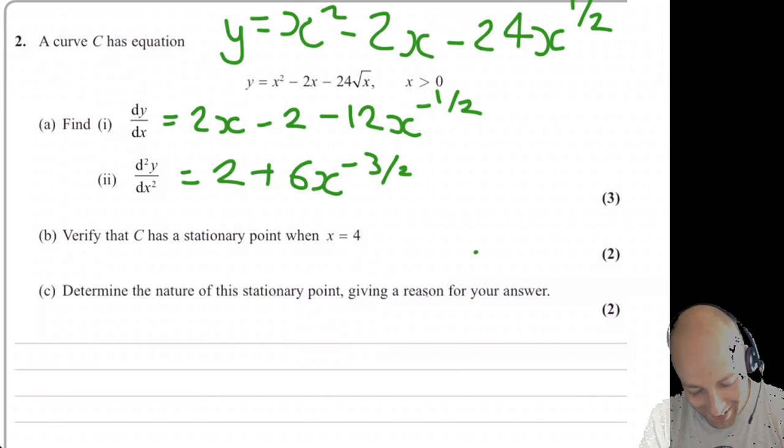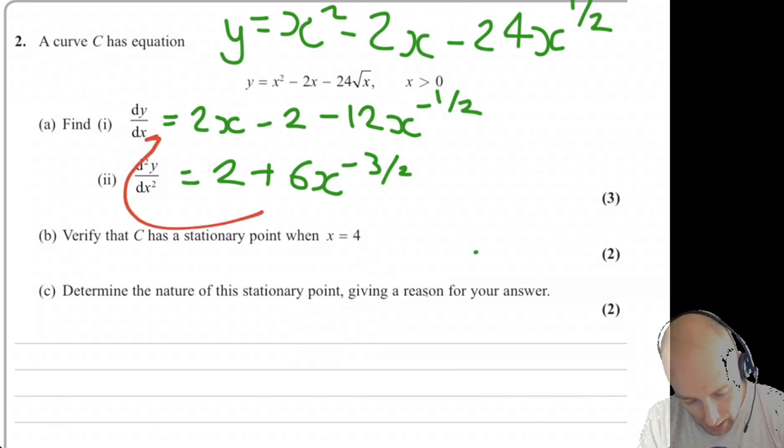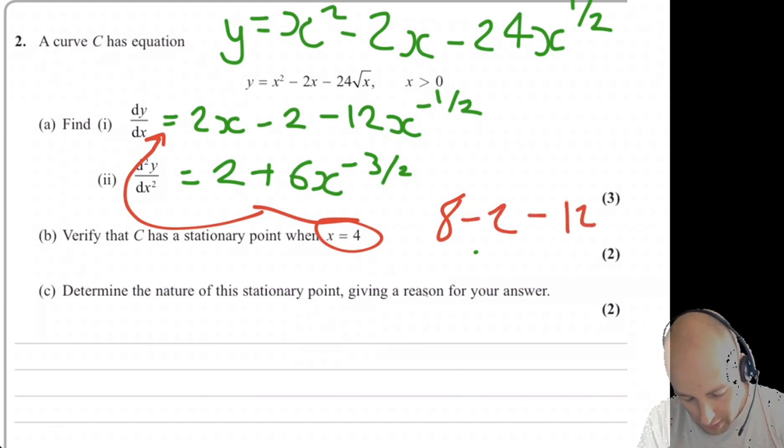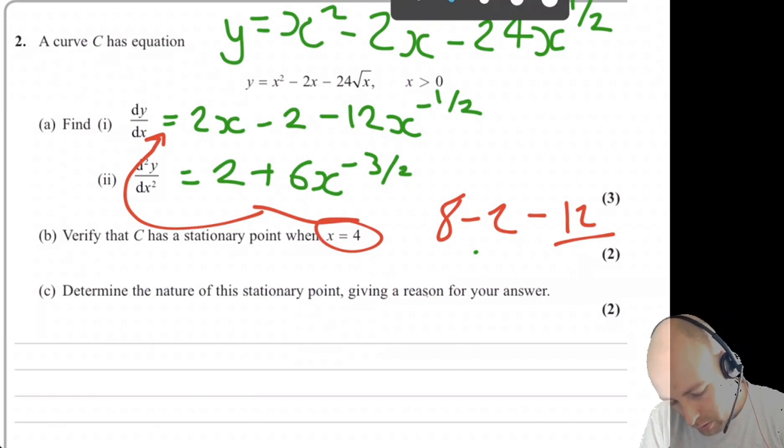So put it into the first derivative, so this one here, and we're going to get 8 take 2 take 12 lots of over 4. So 8 take 2 take 3. Is that right? No, 12 over 2. 12 over 4 to the half. 12 over 2 take 6, which equals 0. Therefore, stationary point.